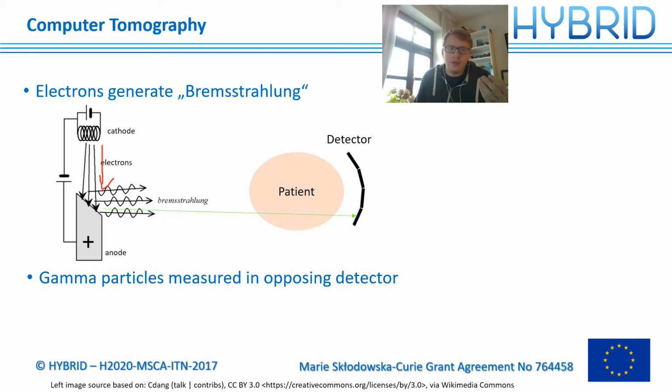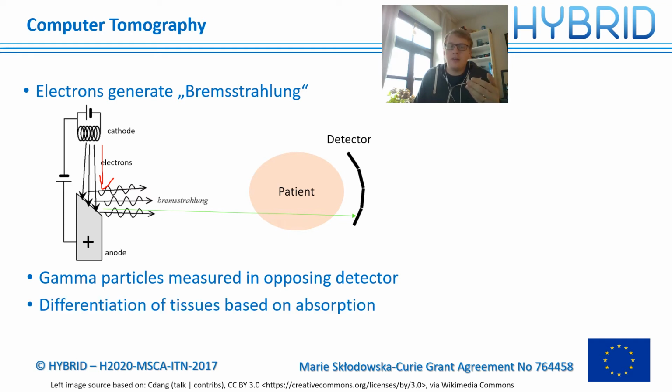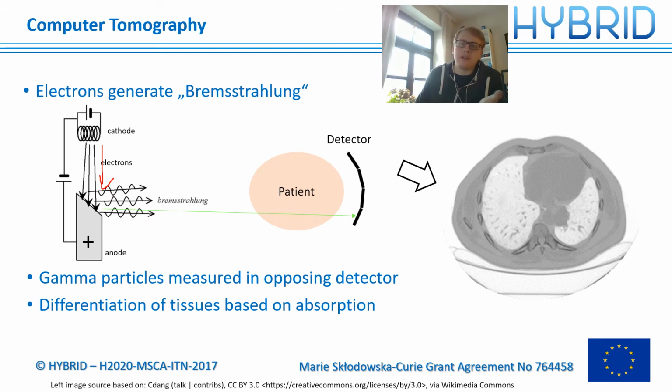Then in your detector, you can differentiate based on the absorption in the tissue. If you do this from multiple angles around the patient, you can reconstruct a 4D image based on the anatomy.